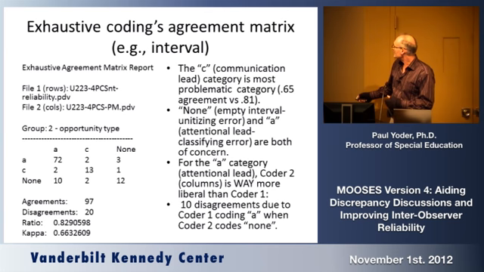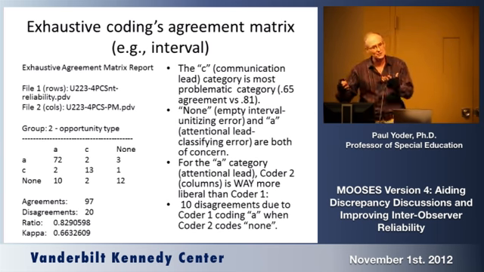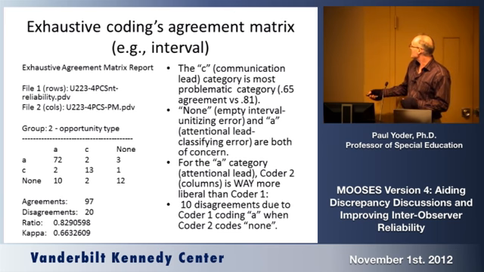A is an attentional lead in this case, so this is mother-child interaction, and an attentional lead is where you're responding to the child's attentional focus. Coder 2 is way more liberal than coder 1. So up here, we're seeing coder 2 is the columns. You can see that coder 2 codes way more attentional leads than coder 1.